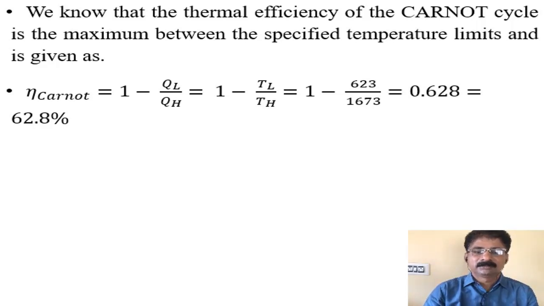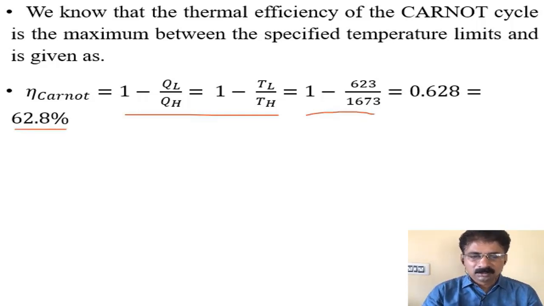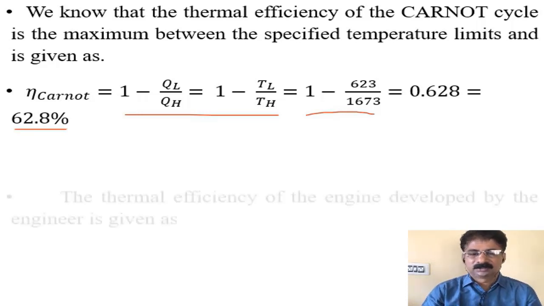Only if it is a reversible heat engine, then you can calculate using the heat also. So eta Carnot is equal to 1 minus QL by QH is equal to 1 minus TL by TH. All of you should know that this is only for a reversible engine. Now if you substitute the temperatures, you will get the efficiency of the Carnot engine, or the maximum possible efficiency between these two temperature limits, as 62.8%.